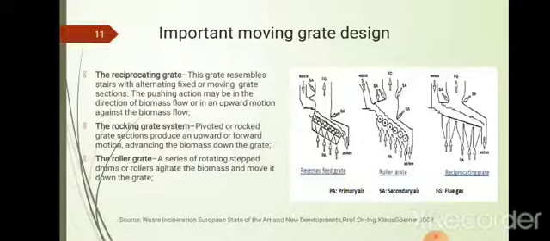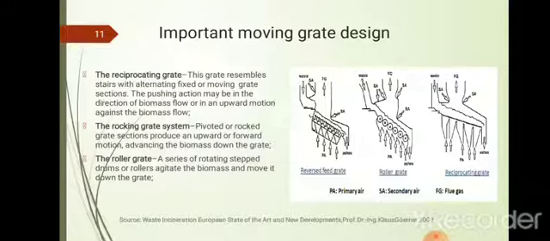So here the grate is a step-like structure with alternating fixed and moving grate, and this pushing action is moving the biomass flow. Then we have the rocking type grate system or pivoted grate. They are using upward and downward motion, forward motion.